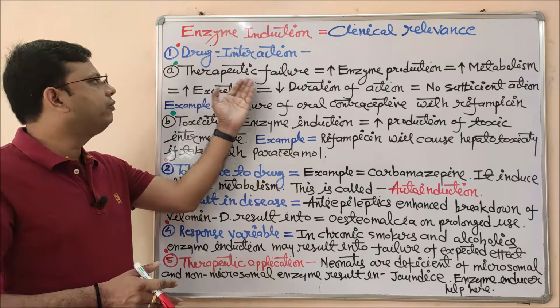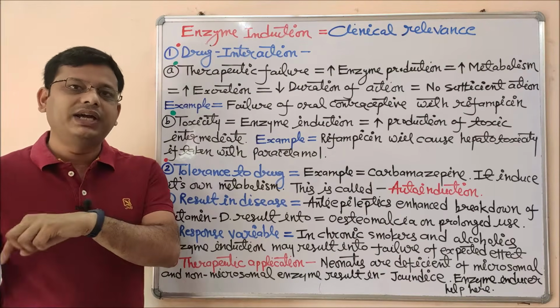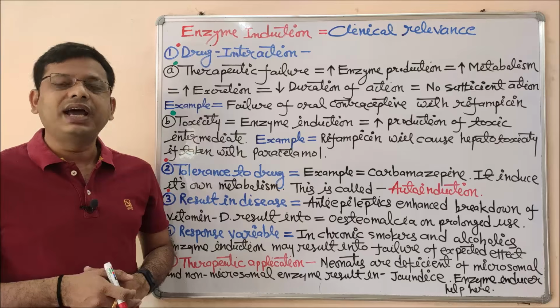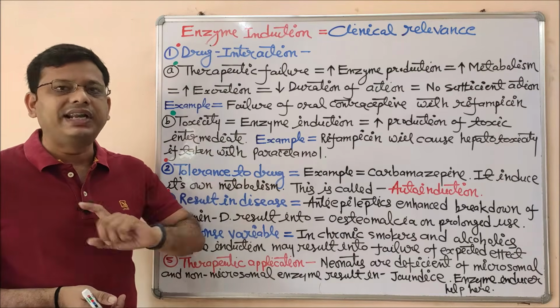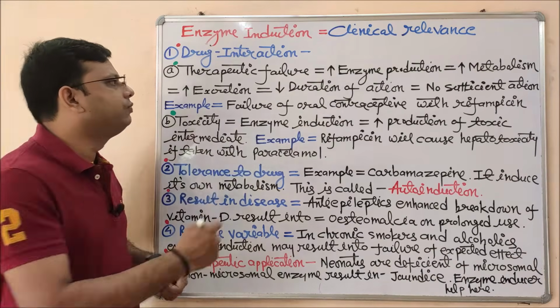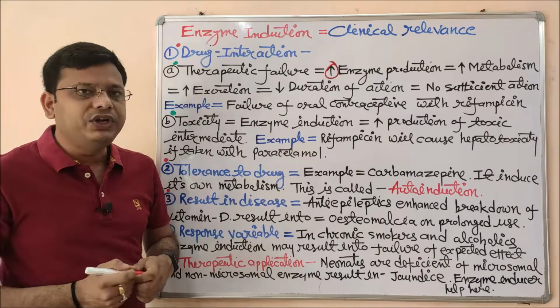So why does the therapeutic value fail? Just because of enzyme induction, or the enzyme inducer. How is it possible? I have explained this in a simple equation form so that you do not need to worry about lengthy theories. First of all, there is an increase in enzyme production because of the enzyme inducer.